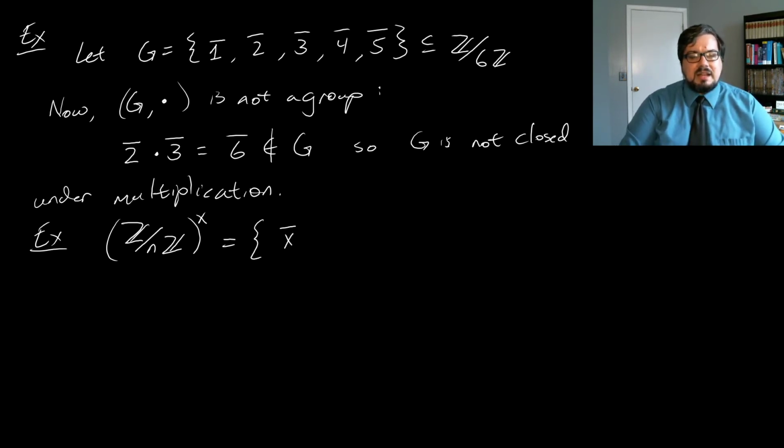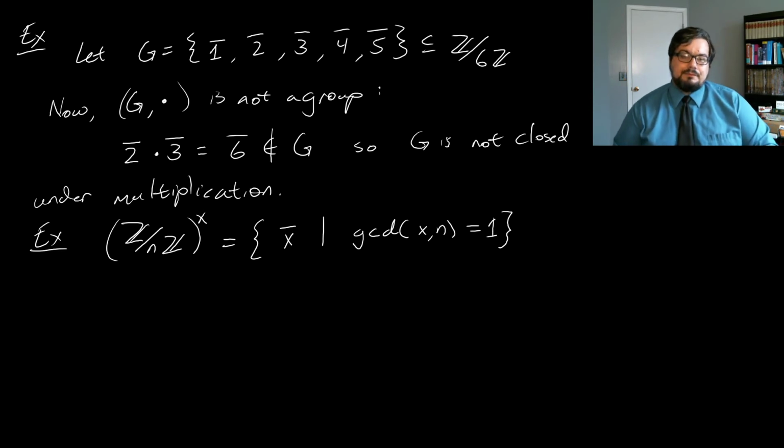It's going to be the set of all equivalence classes of x under congruence mod n, but we only want to consider the elements that are relatively prime to n.